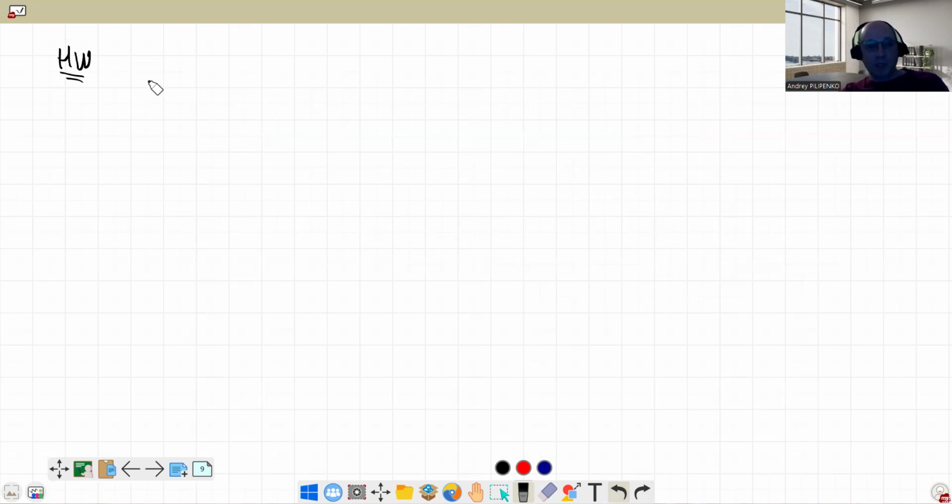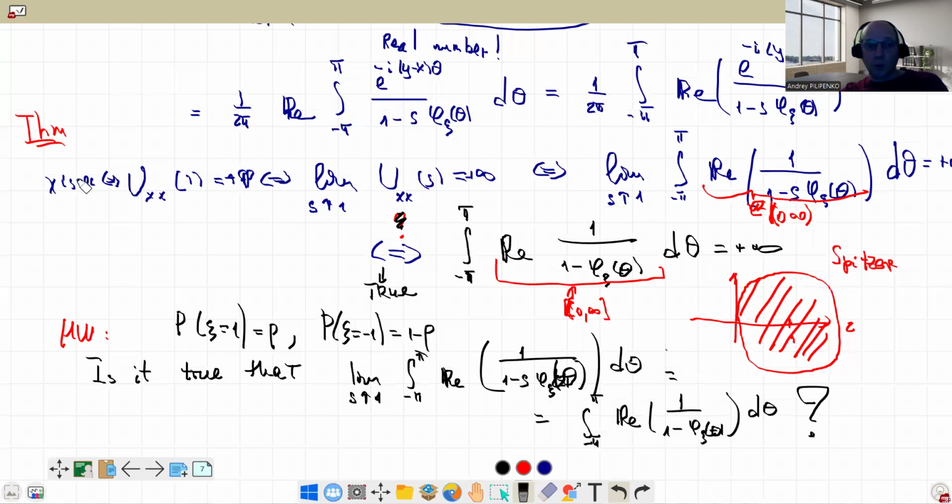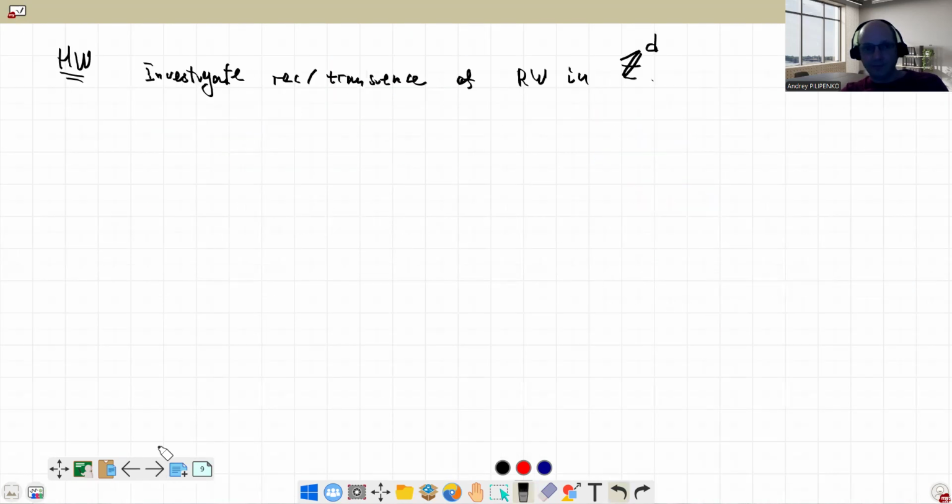So investigate recurrence and transience of random walks in Z to the power d and try to prove some analog of this result. What will be different? And okay, examples.